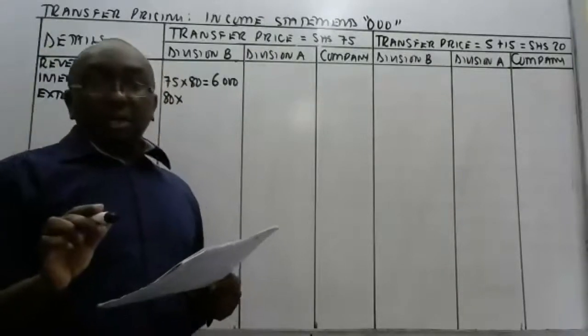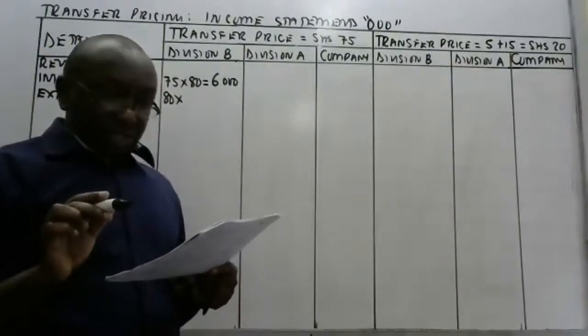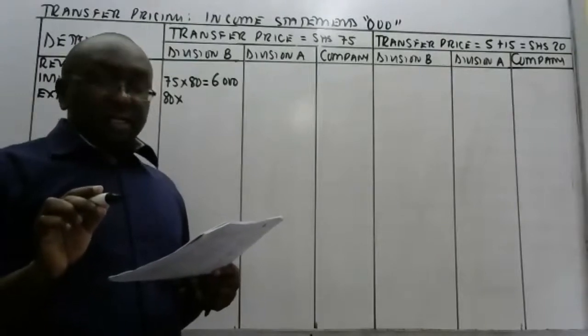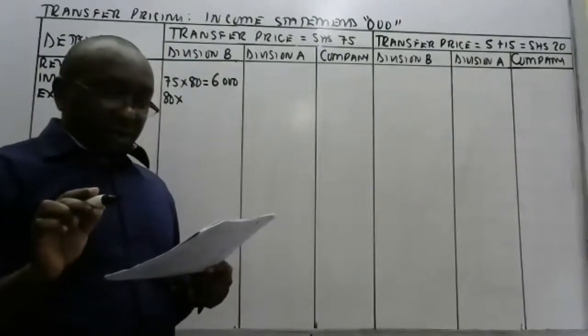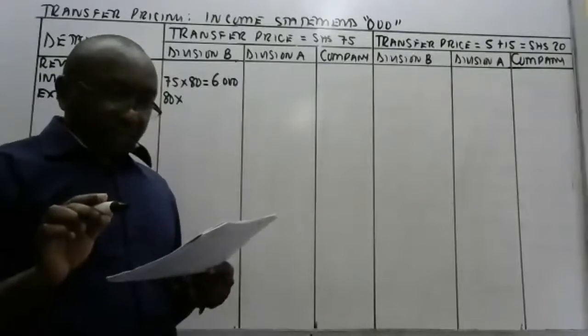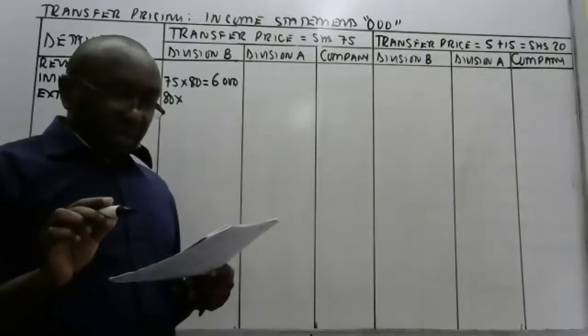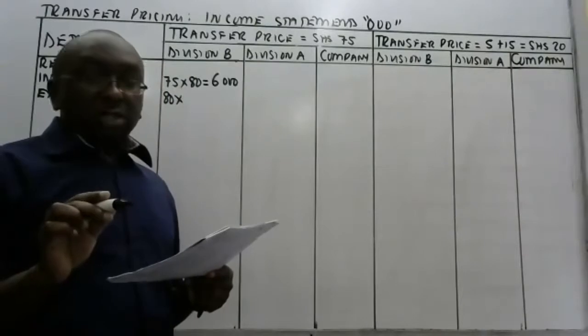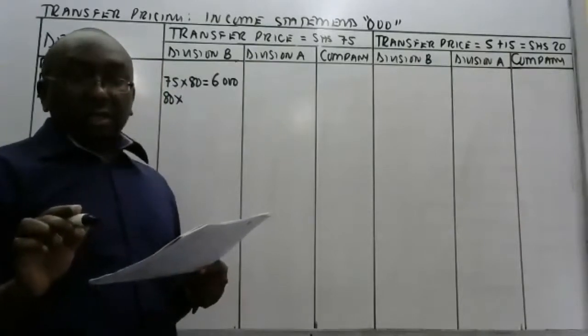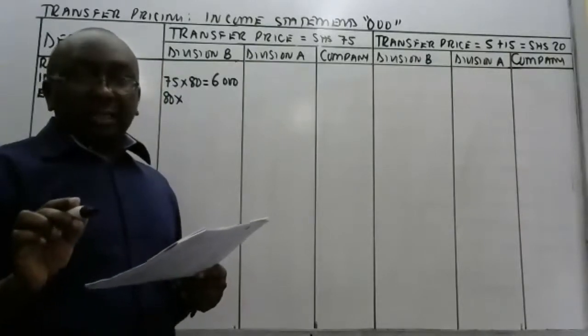If you look at the details for the annual demand or the production, you can see that B is producing 200,000 and they already have sold 80.